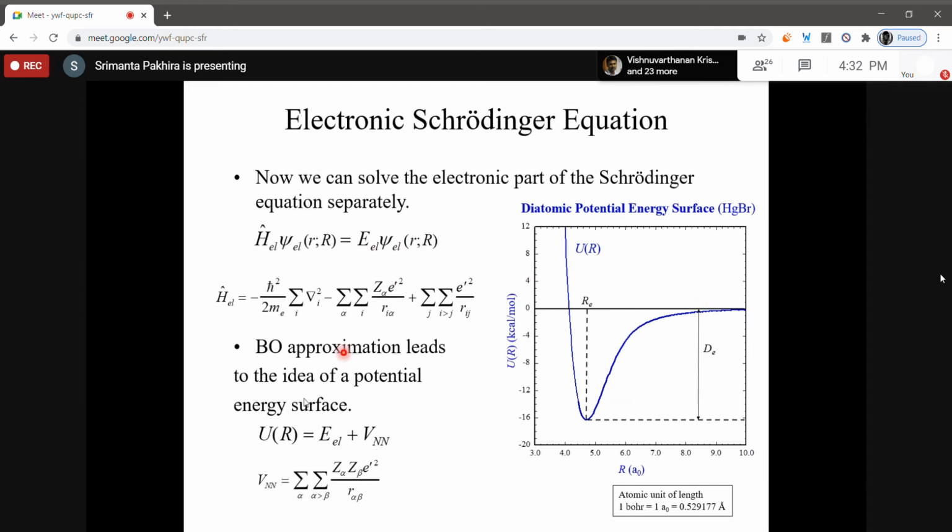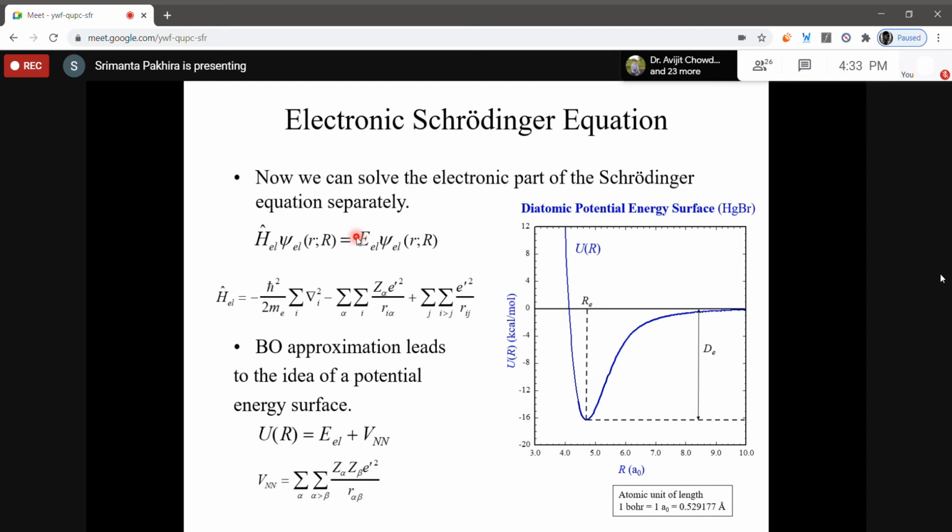If we write down the total potential energy, one part is the electronic part and the second part is the nuclear repulsion part. When we plot this, it looks like a surface in 3D and like a curve in 2D. Its name is the potential energy surface. This is the concept that comes from the Born-Oppenheimer approximation.